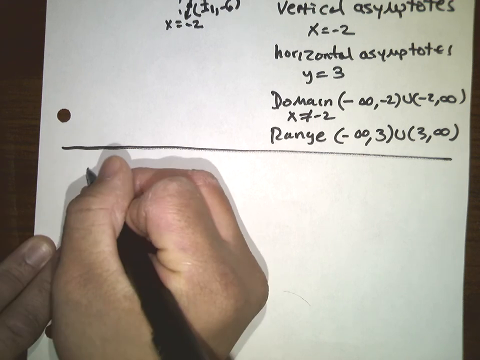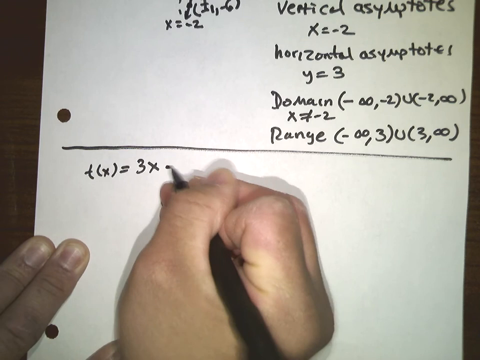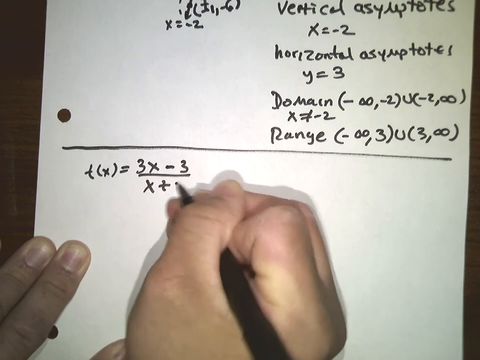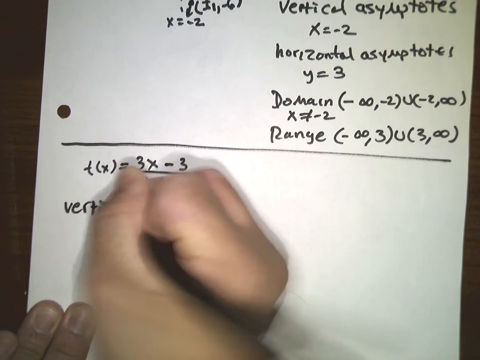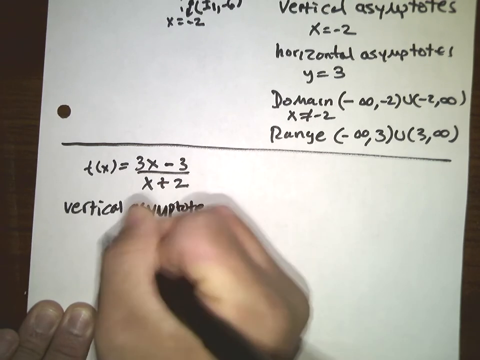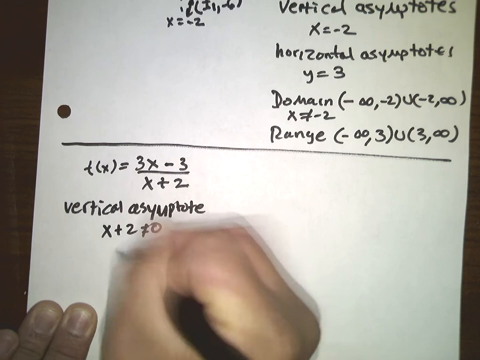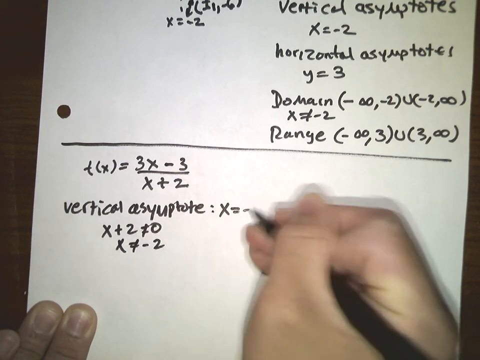But if I look at t of x is equal to 3x minus 3 over x plus 2, I know that the vertical asymptote is when the x plus 2 cannot equal 0, so x cannot equal -2, so it's x equals -2.